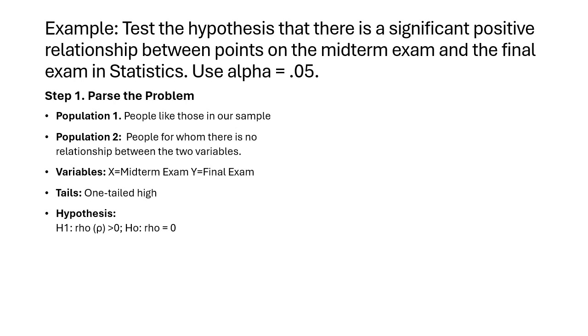And so the research hypothesis is that rho is greater than 0. The null hypothesis is that rho equals 0. We could also state the research hypothesis as there is a significant relationship between the variables, and the null hypothesis that there's no relationship between the variables.